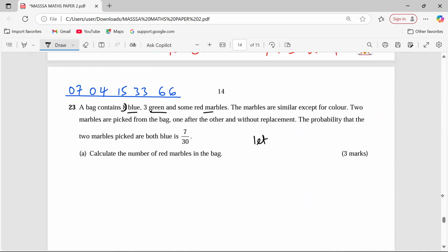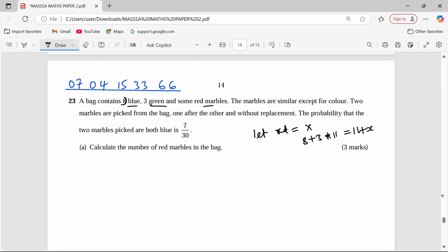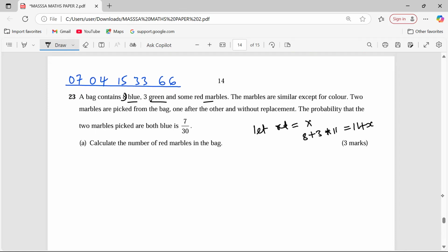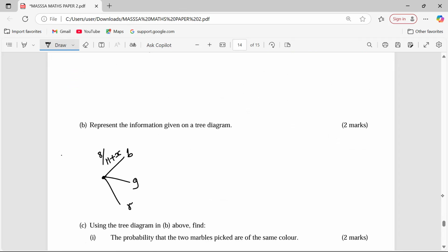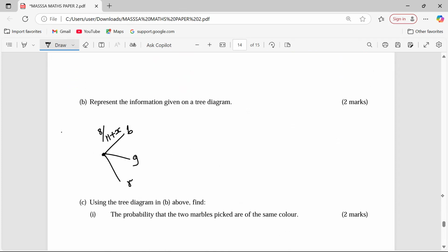If we let red be X, it will be a total of 8, 3, and X, which is 11 plus X. So the first picking, we will have 8 over 11 plus X. Then picking green, there are 3, so 3 out of the same total, 11 plus X. Then picking red, it's X out of the same total, that way.